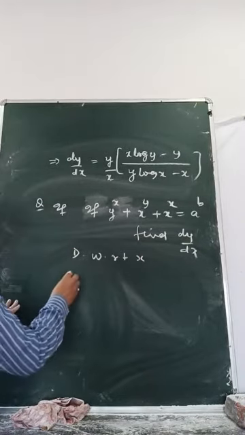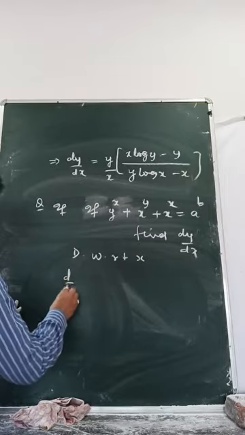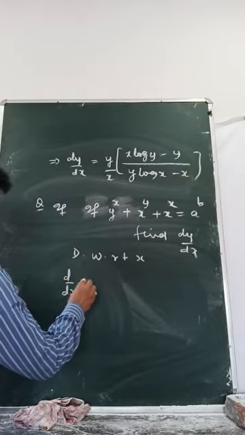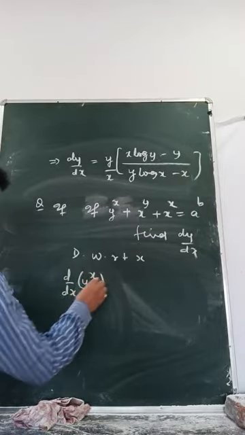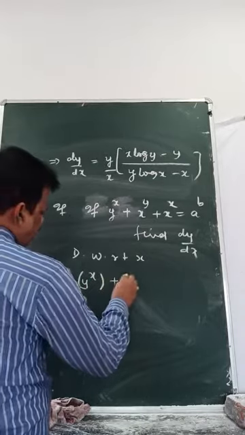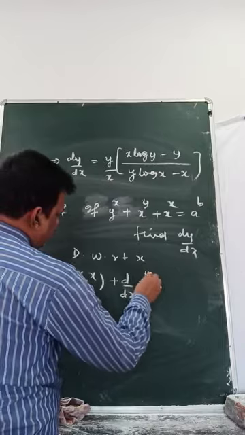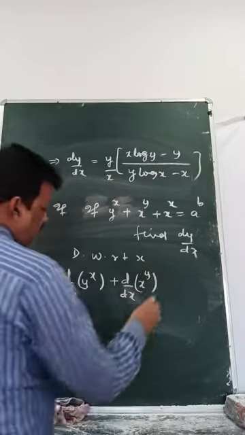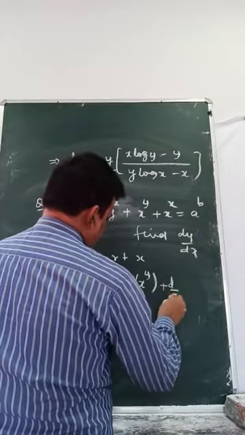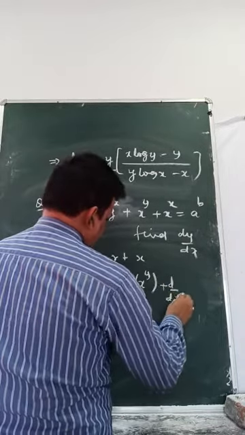You'll find ddx of y to the power x plus ddx of x to the power y plus ddx of x to the power x equals ddx of a to the power b.